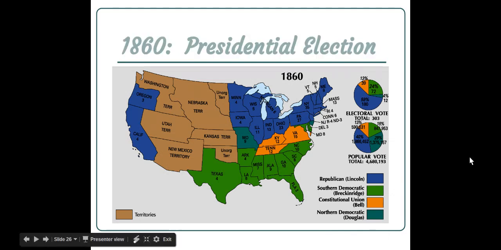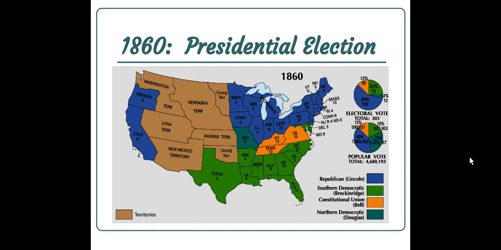So, just to show you the election vote and how it came about, you can see down here Lincoln basically takes all the northern votes. He also gets Oregon and California. You have the Southern Democrats, which is Breckinridge. He garners a lot of votes because he's going to carry basically the Southern votes. Constitutional Union is going to be carried by Bell, and these are going to be your border states.